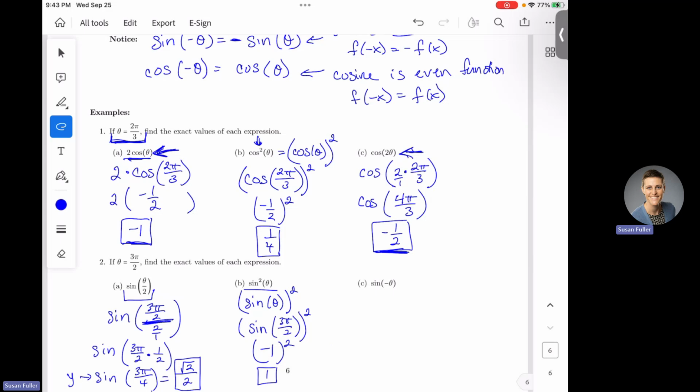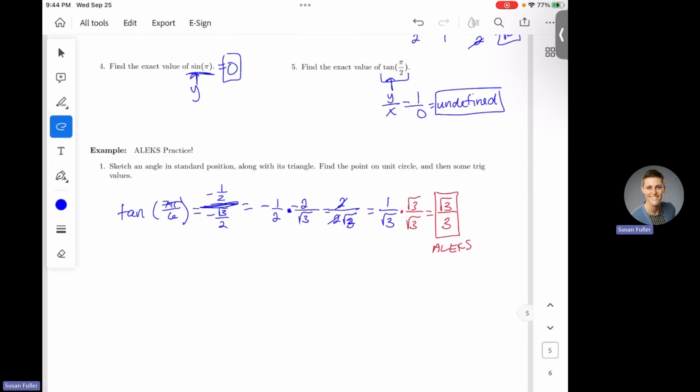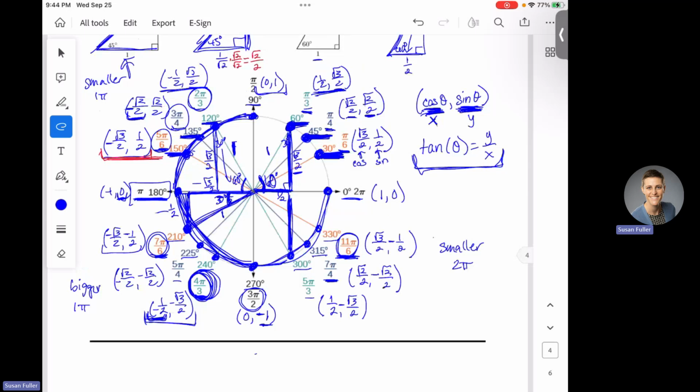And what's this last one telling us? That's telling us to multiply your angle by -1 and then take the sine of that. This wants you to do the sine of -3 pi over 2. So where's -3 pi over 2? Well, +3 pi over 2 is down here.